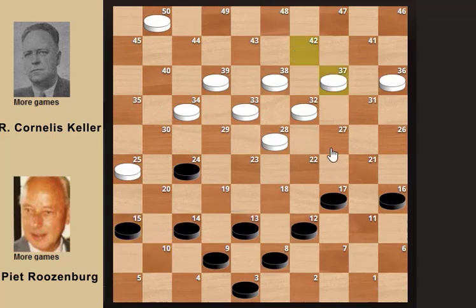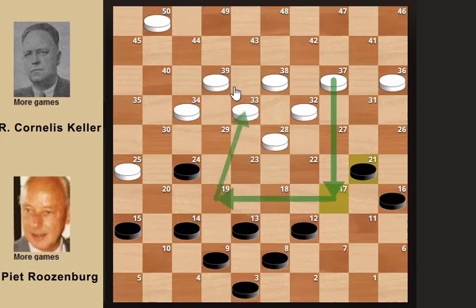And then Keller moved his piece from 42 to 37. So 42, 37 was responded to by playing 17, 21. So if you draw the square again, we see that the vertex here has 22, 21, 11, and then 12.